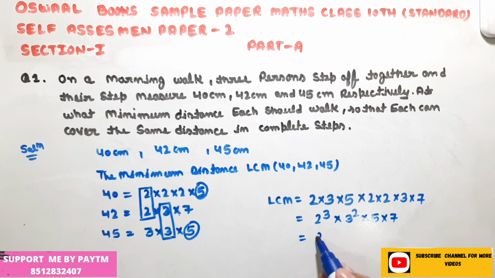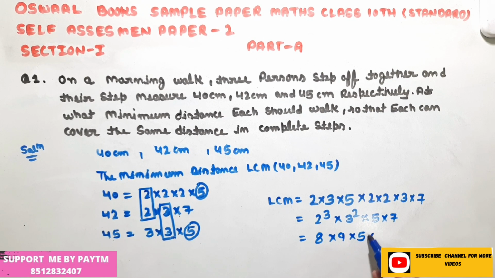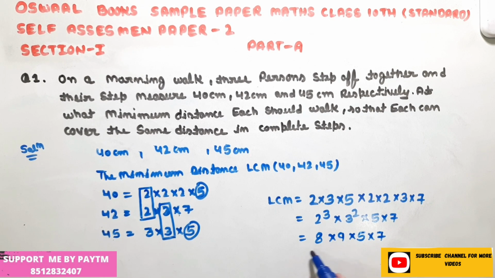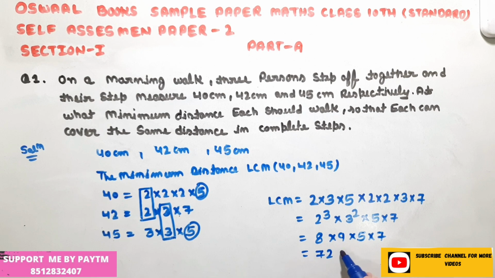So this will be 8 into 9 into 5 into 7. 8 9s are 72 and 5 7s are 35. This will be equal to 2520 centimeter. So this is our answer.